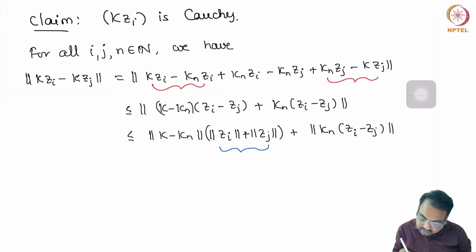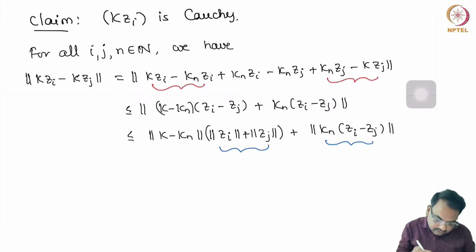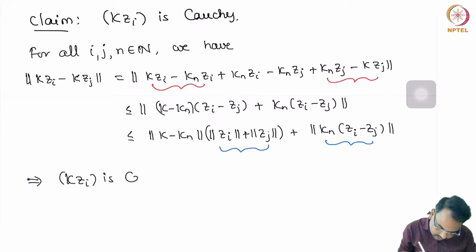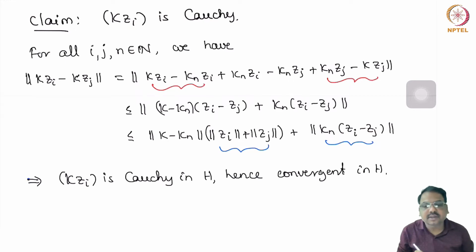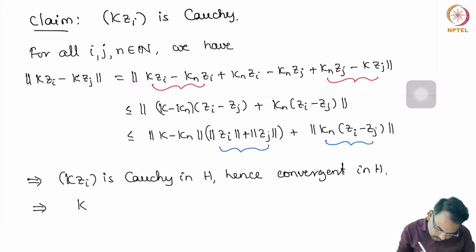And we also know that Kn zi is convergent, so the second term becomes Cauchy. So we can conclude that K zi is Cauchy in H, hence convergent in H, because H is complete. So this completes the proof that K is compact.